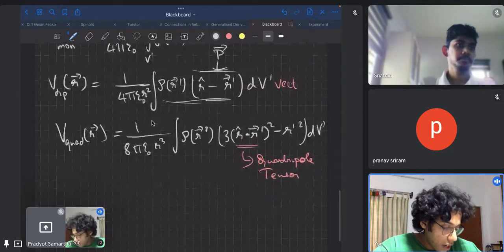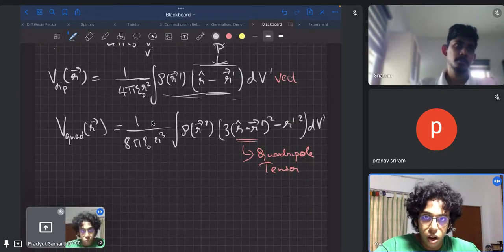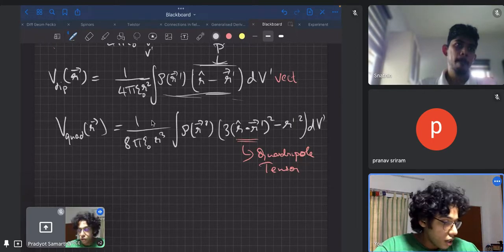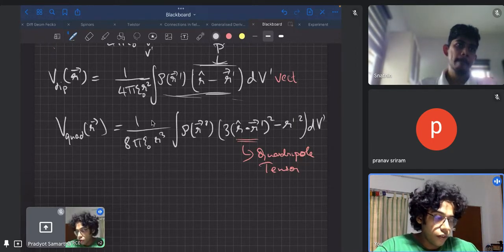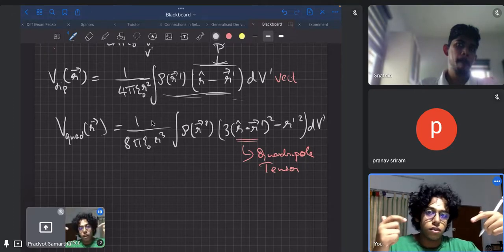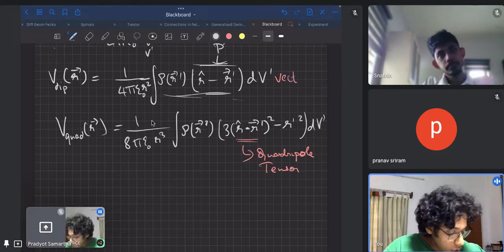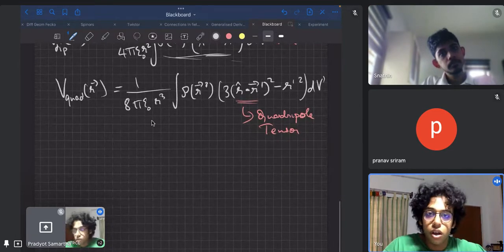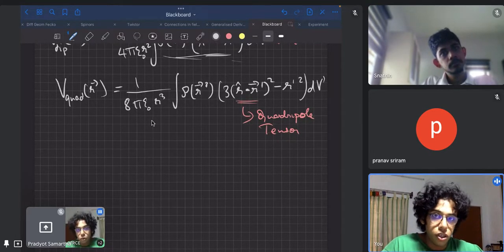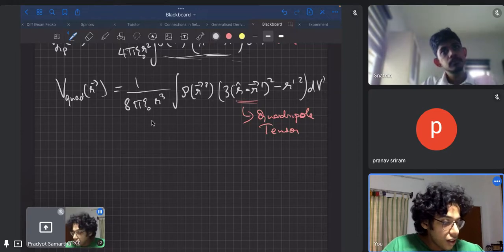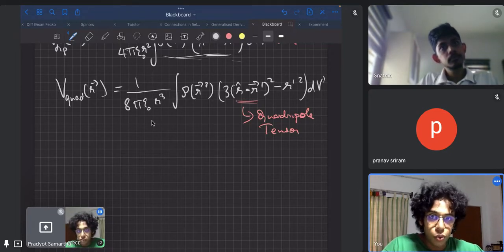And then the second term, which is the dipole expansion, is a vector, because you have two vectors subtracted from each other, which is another vector. Then the third expansion, which is the quadrupole expansion, is two vectors, which is a bivector.